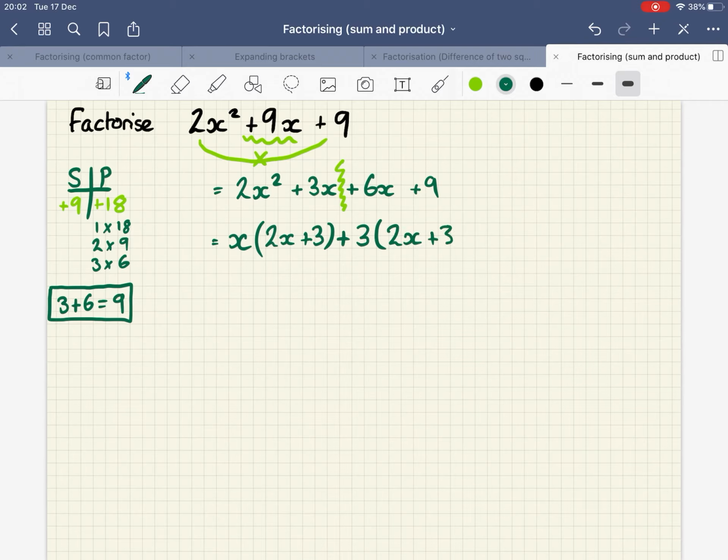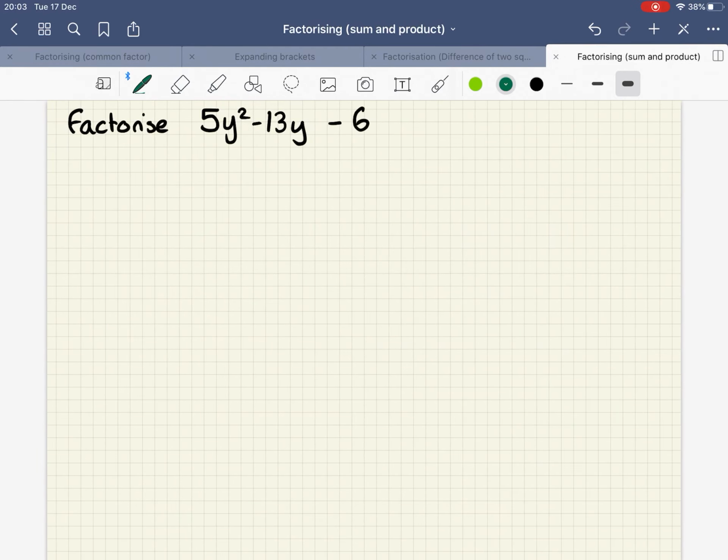So we've got 2x plus 3 inside the bracket. And again, looking there, I've got 2 brackets the exact same, so I know I'm on the right track. So my first bracket will be 2x plus 3. And then my second bracket will be x plus 3. All done. And I've not had to change my method at all. It works the exact same way, and that's why I really like the sum and product method.